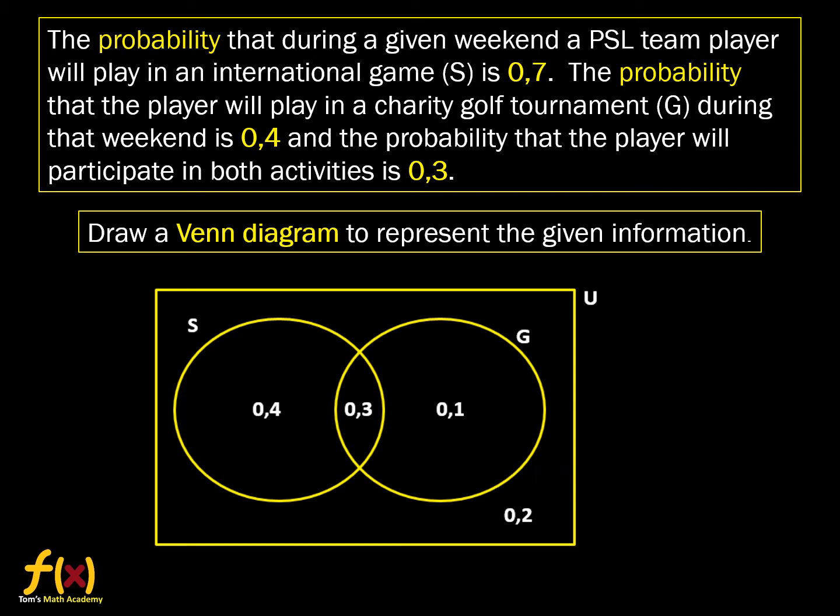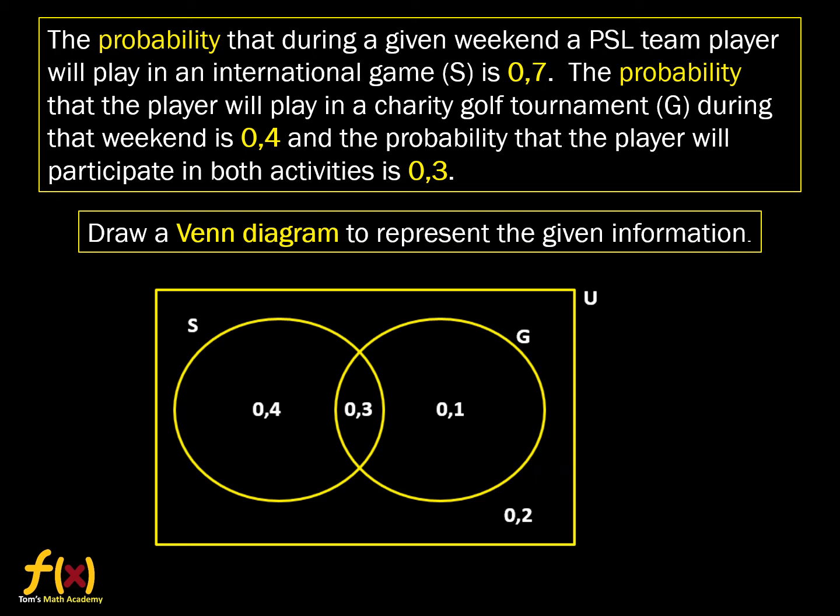Now, what is the remaining part of S? How do you calculate? We have probability of S is 0,7. You subtract 0,3 from 0,7. We get 0,4. Same thing with the circle G. 0,4 minus 0,3 will give you 0,1.